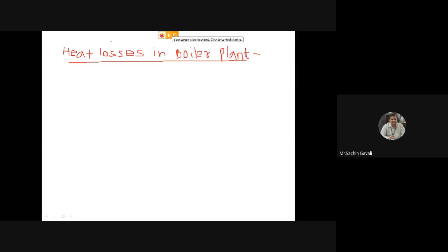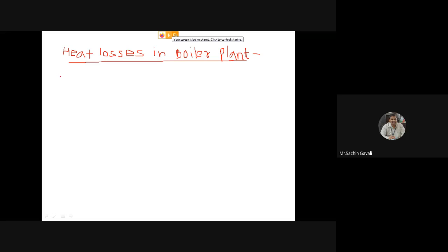Okay, we have written: all amount of heat supplied to the boiler is not utilized to convert water into steam. Some amount of it goes in the form of losses. The various heat losses in the boiler plant are mentioned below.